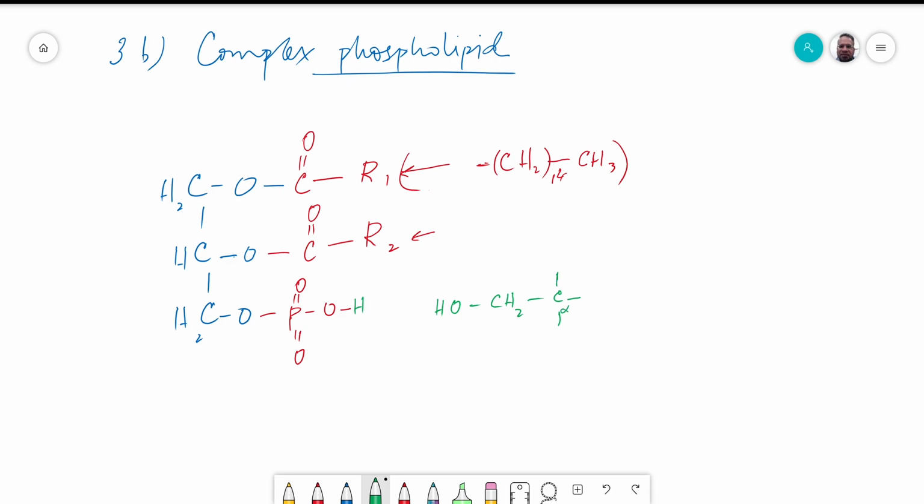This is C alpha. So you have NH3 plus, and then you have hydrogen, and you have COO minus. This amino acid, of course, if you remember, is called serine.